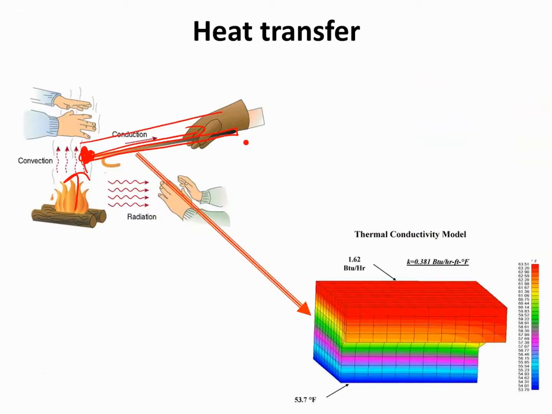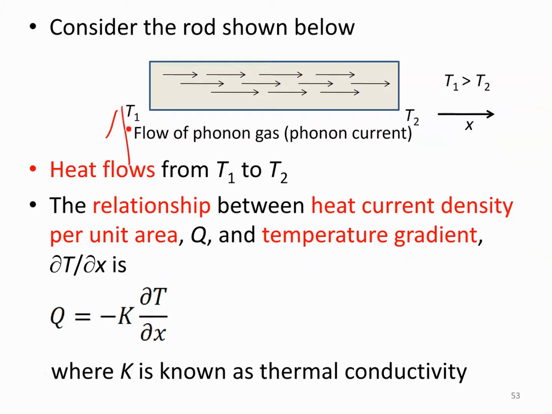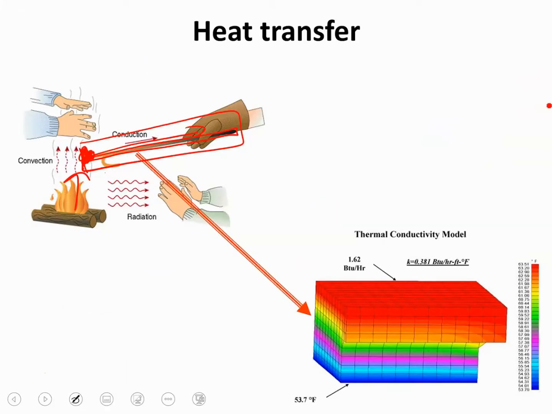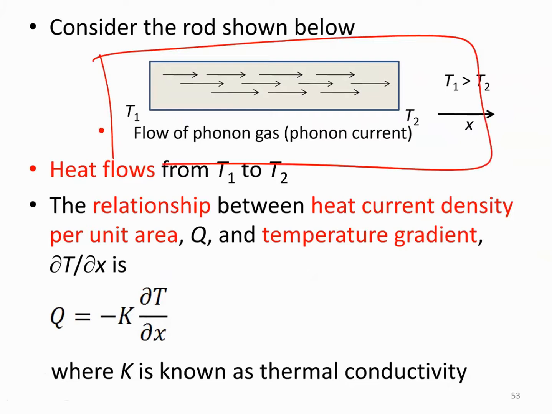When I heat at one end, the phonon gas will flow from one end to the other end, to my hand just now. The heat will transfer from this end to this end, just like this figure, from T1 to T2.